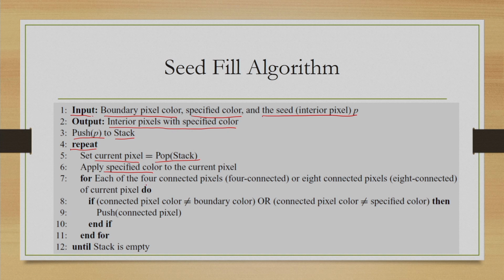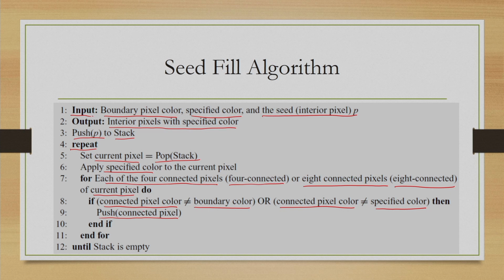So, if we are assuming that it is a 4 connected pixel, then for each of the 4 connected pixels, or if we are assuming that it is 8 connected pixel, then for each of the 8 connected pixels of the current pixel, what we do? We check if connected pixel color is not equal to boundary color, that means we have not reached the boundary, or the connected pixel color is not equal to the specified color, that means we are yet to assign it any color, then we push it to the stack.